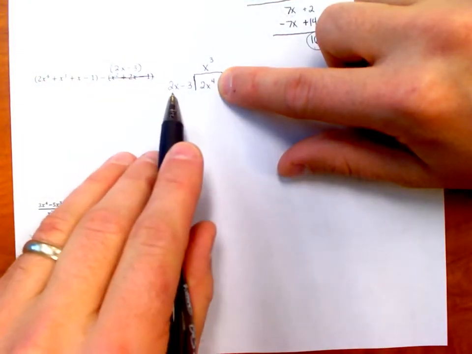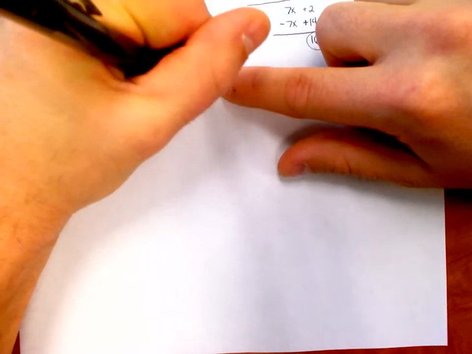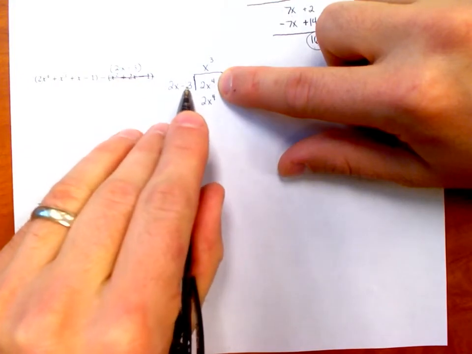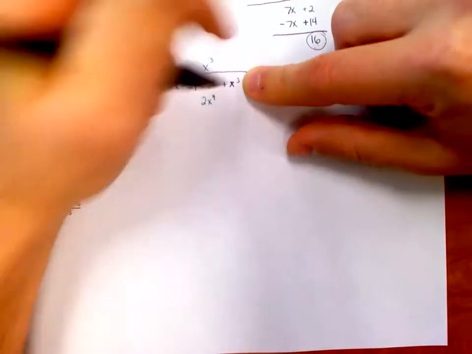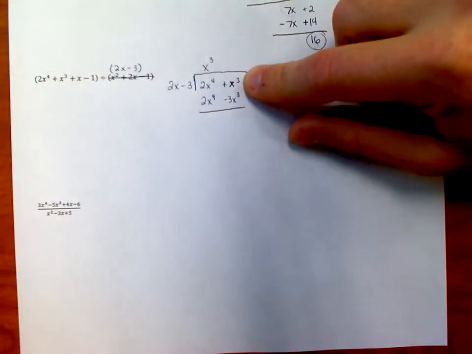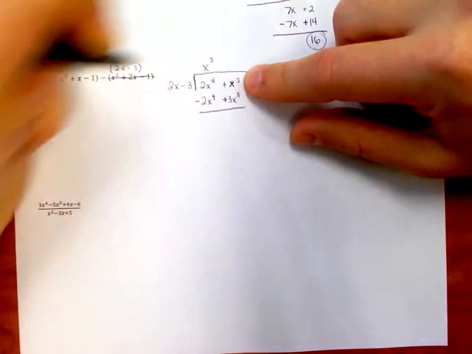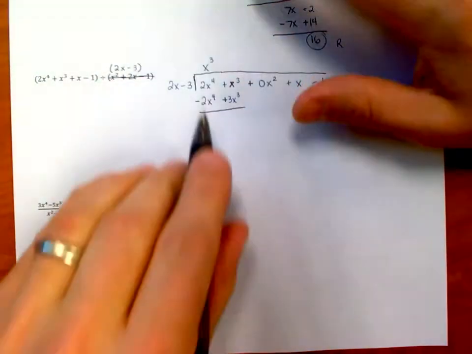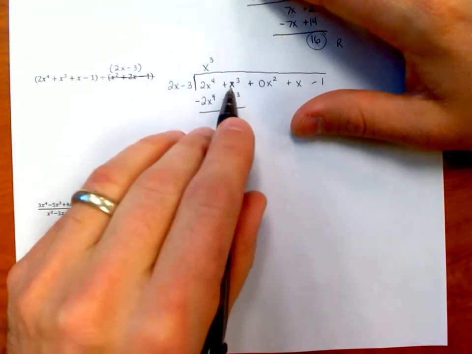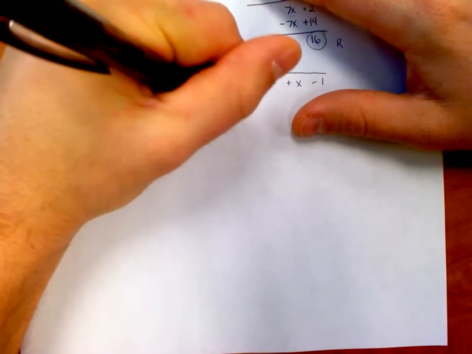X cubed times 2x gives me 2x to the fourth. X cubed times negative 3 gives me negative 3x cubed. I draw a line, I flip the signs, and I add. 2x to the fourth and a negative 2x to the fourth add up to 0. Perfect. X cubed plus 3x cubed gives me 4x cubed.